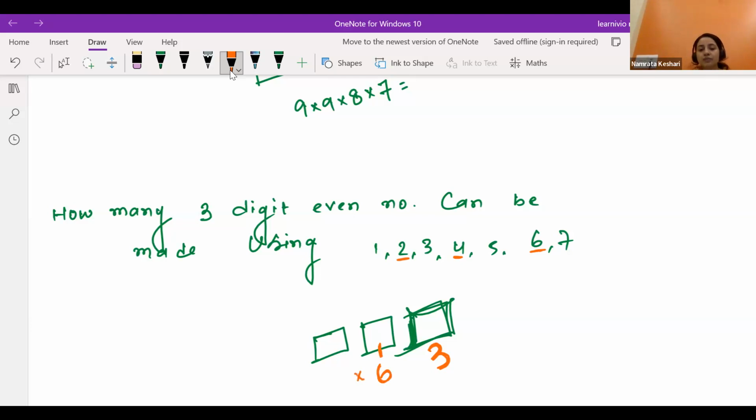And here we can take any number, right? So 1 we have used here, 1 we have used here, then here 5. Let me check whether it will generate the answer or not. Just a moment. Let me check whether this way it will work or we have to think differently.